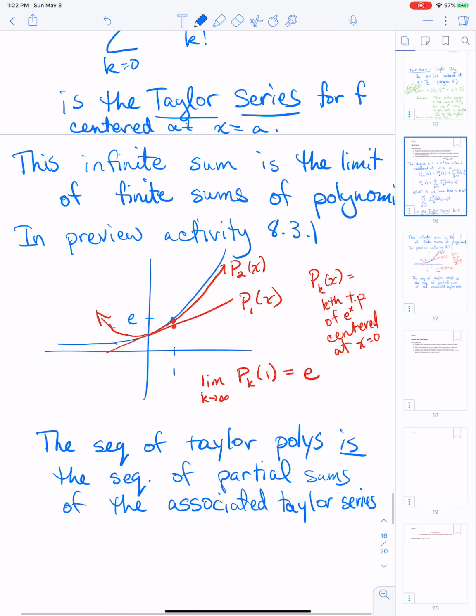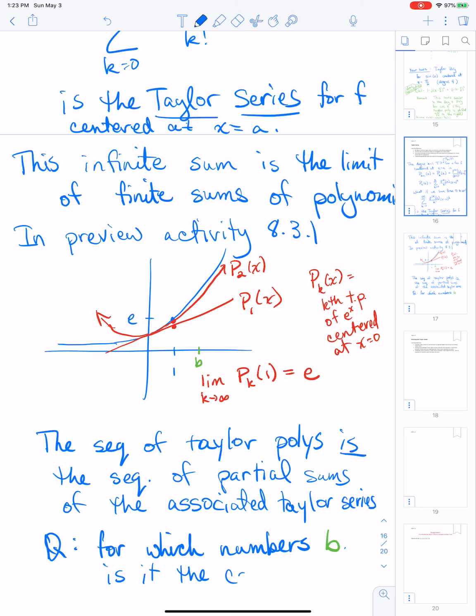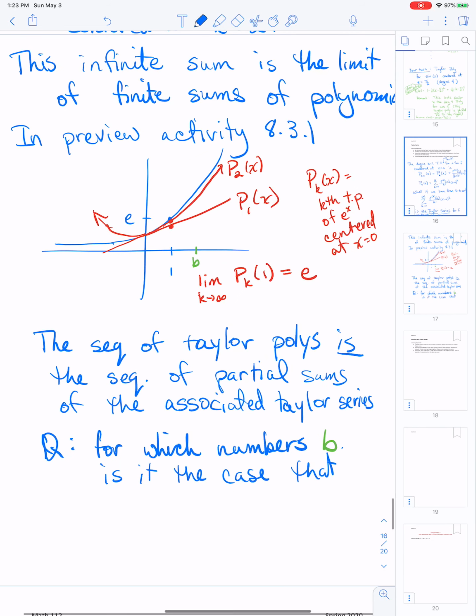Okay, and so what we might ask is, question, for which numbers, let's just call this b, is it the case that the limit as k goes to infinity of pk of b converges?